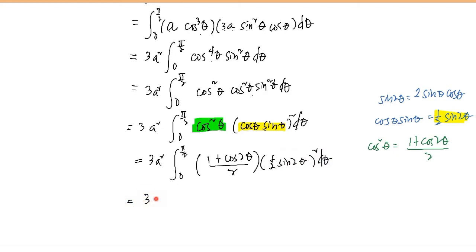So simplifying this, and we have 3a squared, 0 to pi over 2, and we factor out this 2 here, so it is now outside.